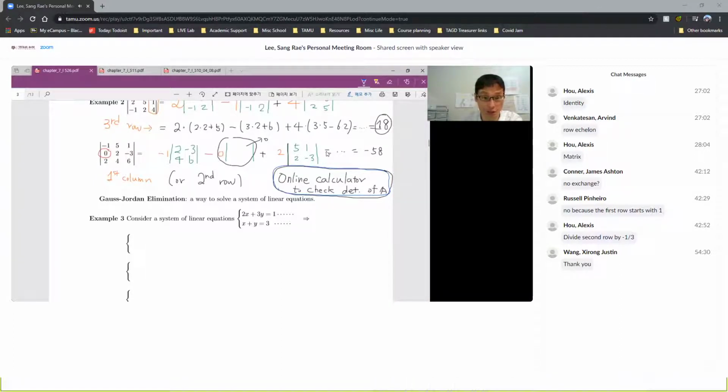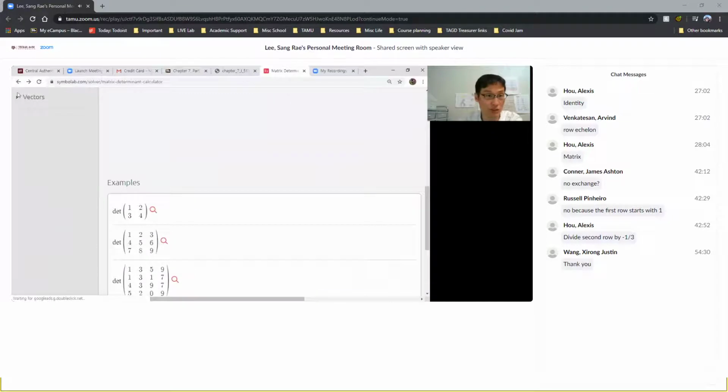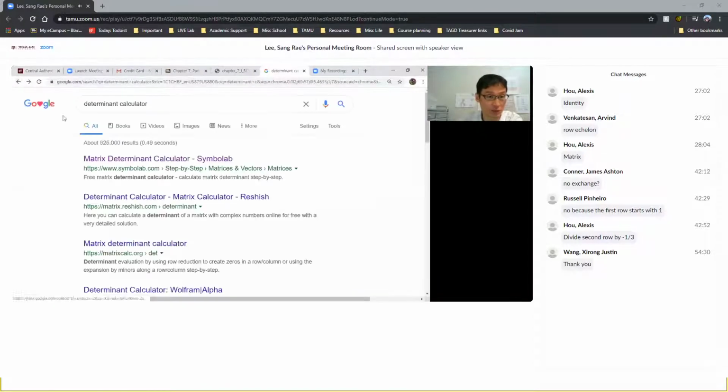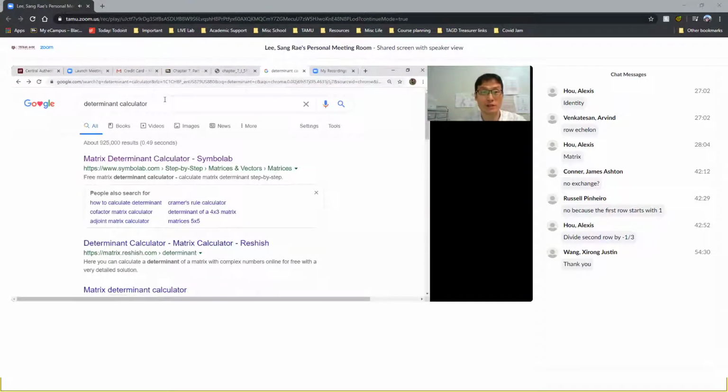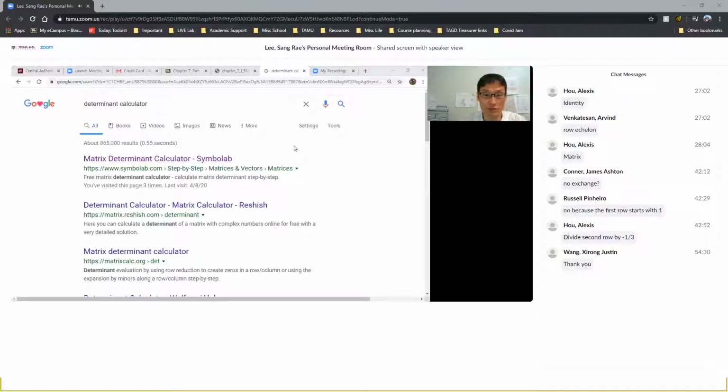Let me share this. Can you see this new screen that I'm sharing? Yes, we can see it. Okay, good. You can simply Google determinant calculator or something, then you will see tons of places. So let me pick the first one.